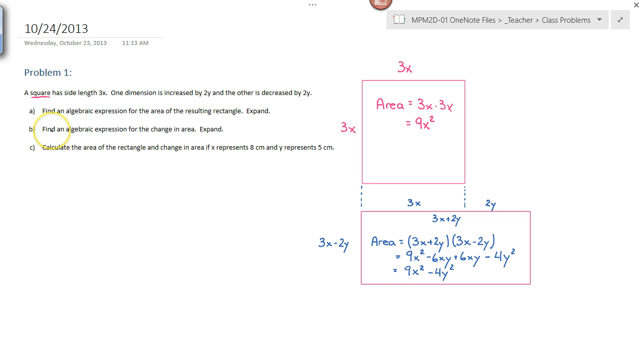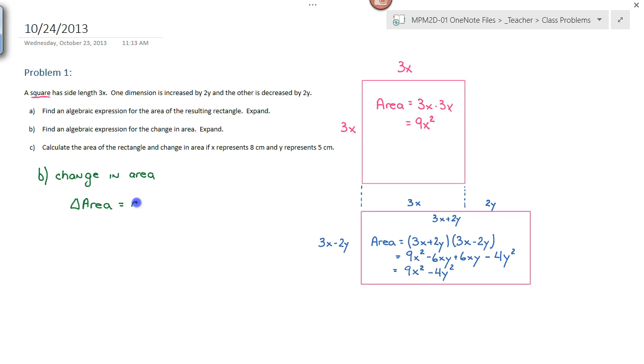So if we want to do part B now, and we want to find the change in area, we're going to say the change in area, and I'm going to represent that by putting a delta area. Remember, the triangle here is the Greek letter delta, which means change in.